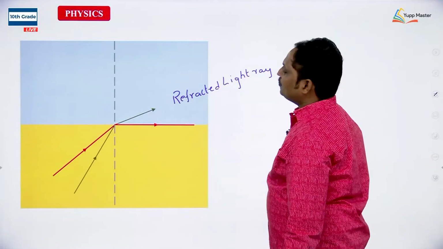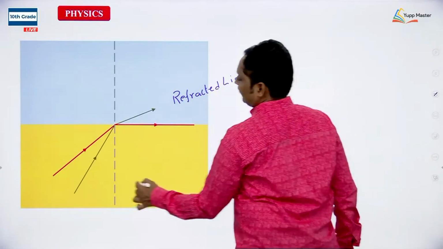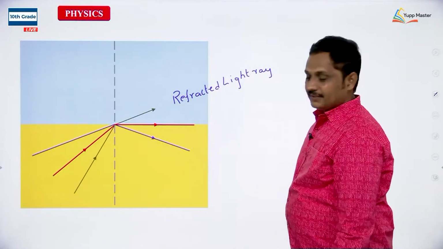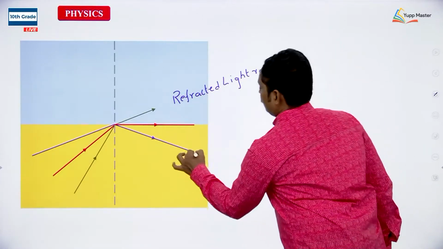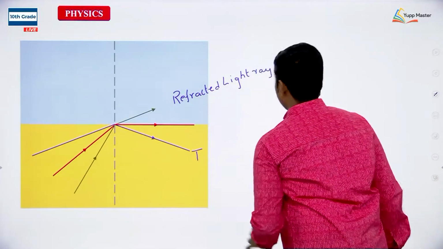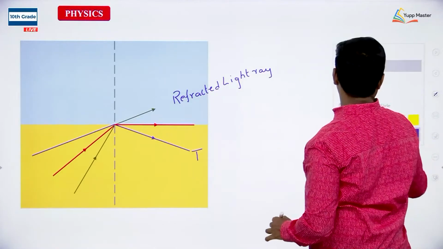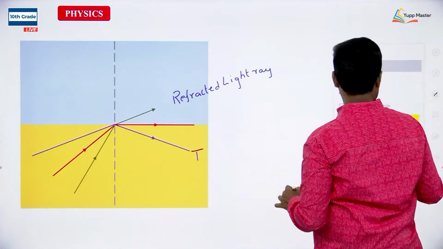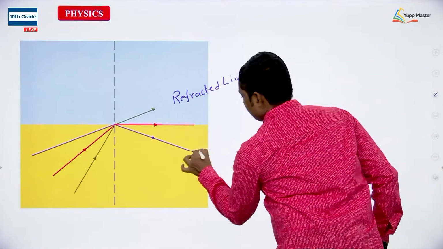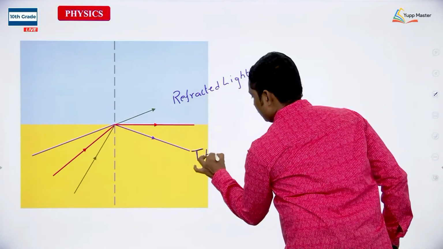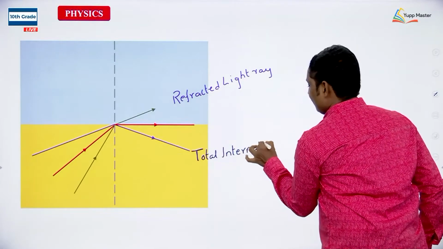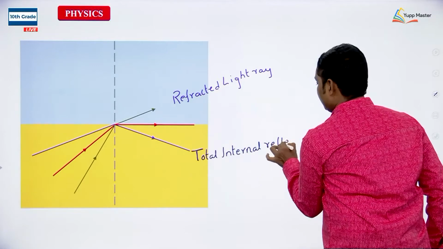This is one case we are going to take. Another ray is the total internal reflected light ray.